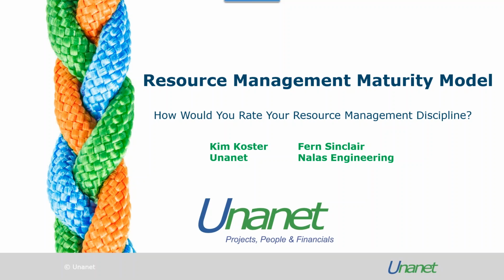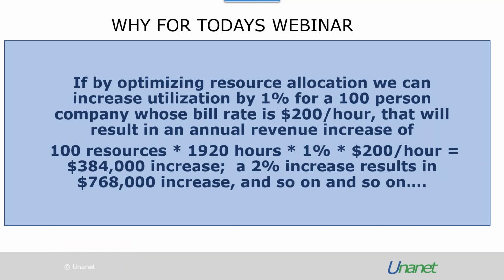So I'm just going to jump right in. When I sit through a webcast, I say, what's the why? Why am I here? And what's the so what? So I thought I'd start with what the so what is. If by optimizing resource allocation, we can increase utilization by just 1% for a 100-person company with a bill rate of $200 per hour, I can increase revenue by $384,000 per year.